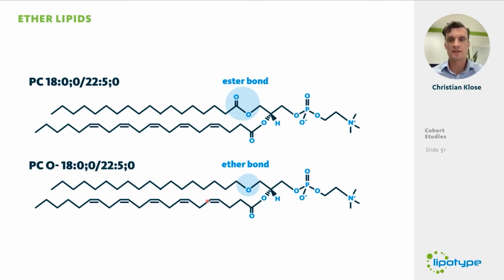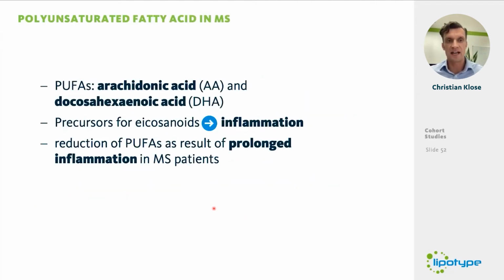And these ether lipids are usually very rich in polyunsaturated fatty acids with many, many double bonds, as you can see here. And these changes we observed were most prominent in ether phosphatidylethanolamines and ether phosphatidylcholines. And the fatty acids that were attached there were usually arachidonic acid and docosahexaenoic acid, polyunsaturated fatty acids.